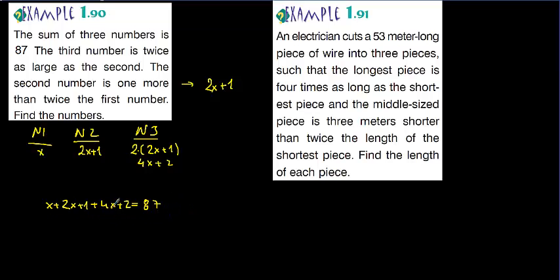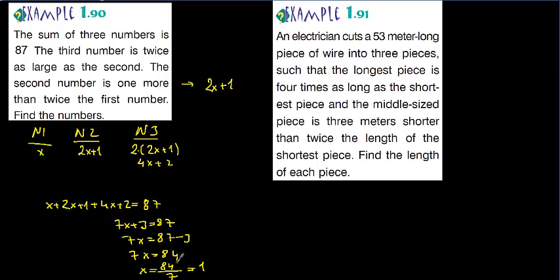And x plus 2x plus 4x is equal to 7x. 7x plus 3 is equal to 87. So 7x is equal to 87 minus 3. 7x will be equal to 84. x will be equal to 84 over 7.